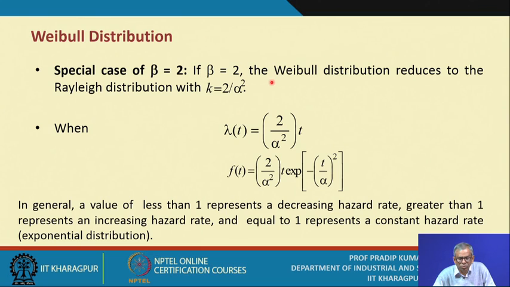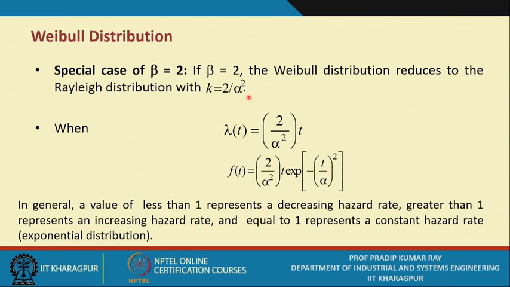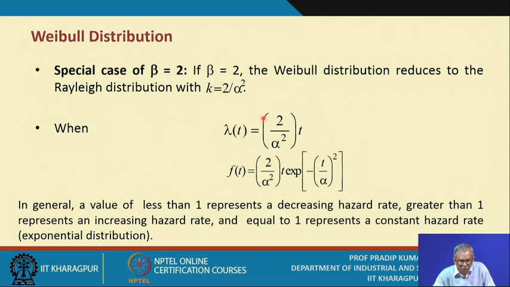If beta is equal to 2, the Weibull distribution reduces to the Rayleigh distribution, with k equal to 2 upon alpha square. So with beta equal to 1, it becomes exponential distribution. If beta equals 2, it becomes Rayleigh distribution. When lambda t is equal to this, f(t) becomes this one. So this is a special case.